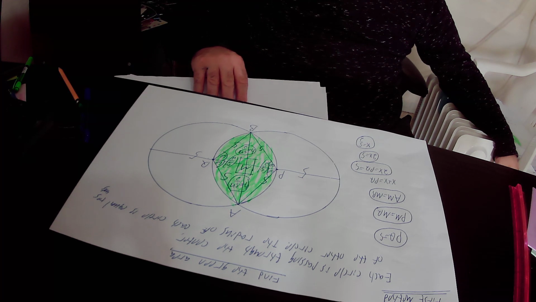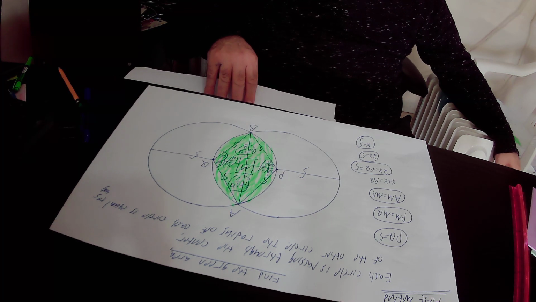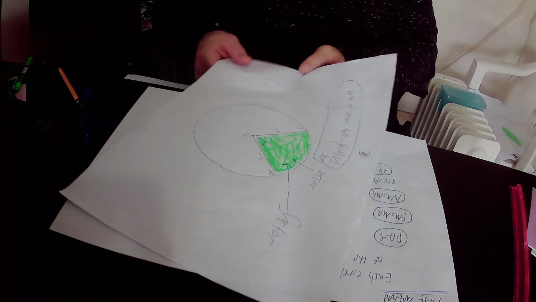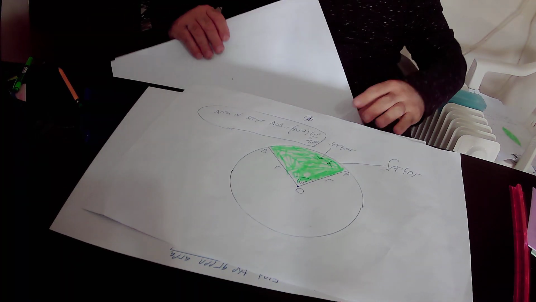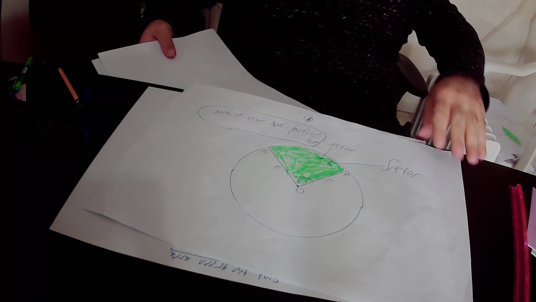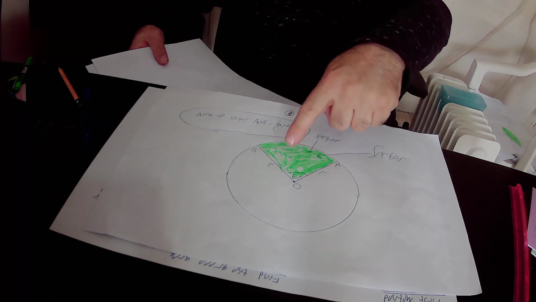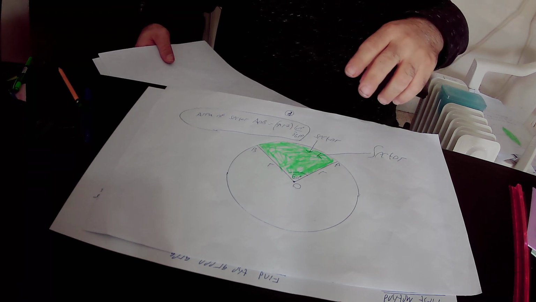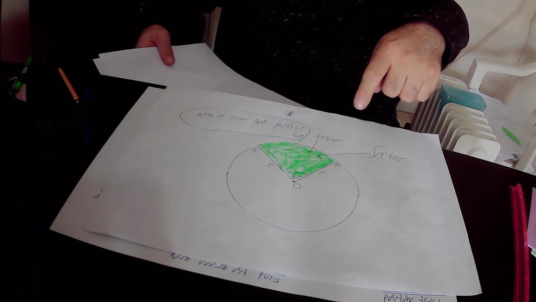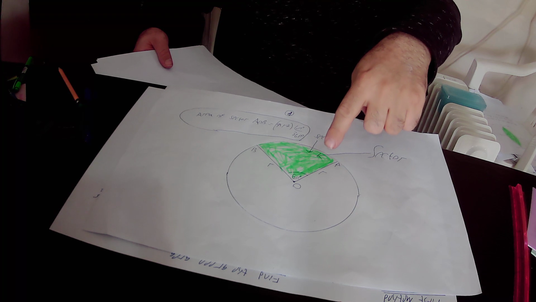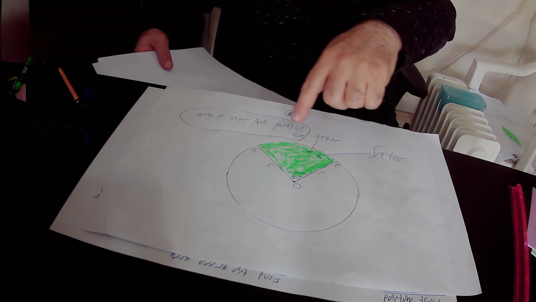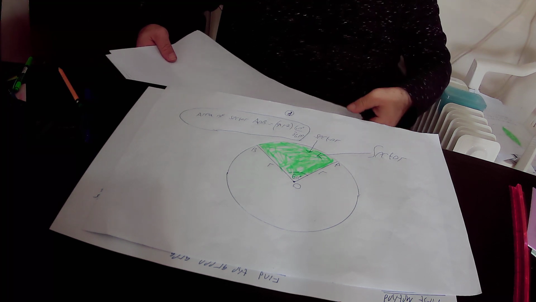I explained to you the term sector. Here this sector AOB is defined as the area that is bounded by two radiuses and the arc that is included between those two radiuses.